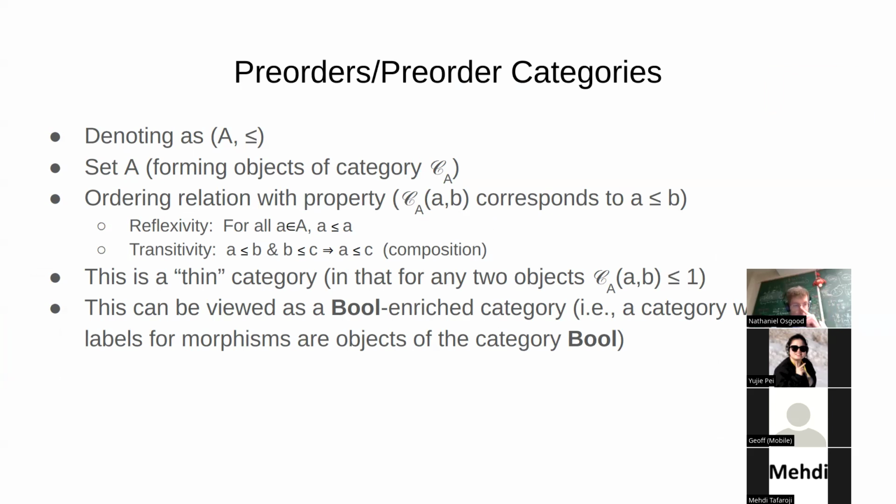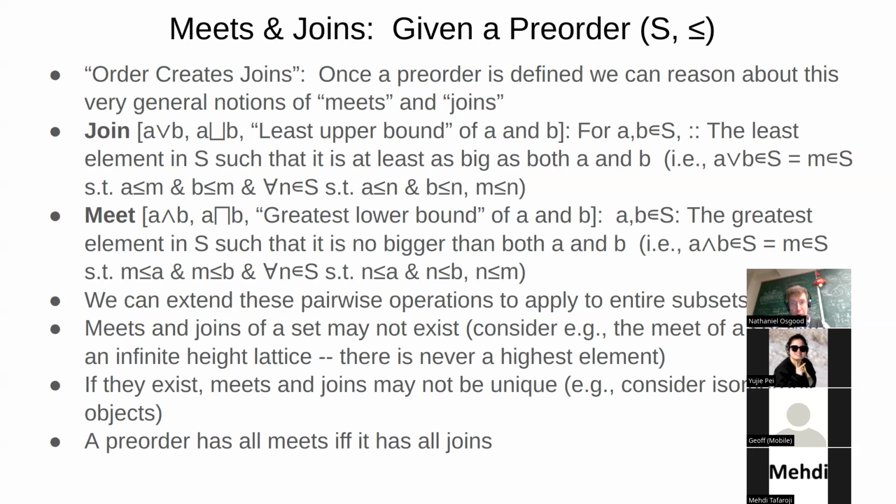It's a thin category, and a morphism from A to B indicates that A is less than or equal to B. Commonly we apply these with sets, where the elements of the set are the objects, and if A is less than or equal to B, we'll have a morphism from A to B. From the standpoint of enriched categories, which some of you may have seen, this can be viewed as a category enriched in Boole.